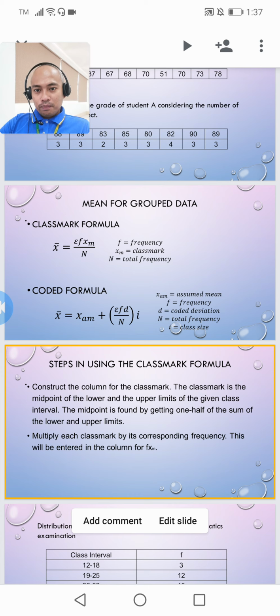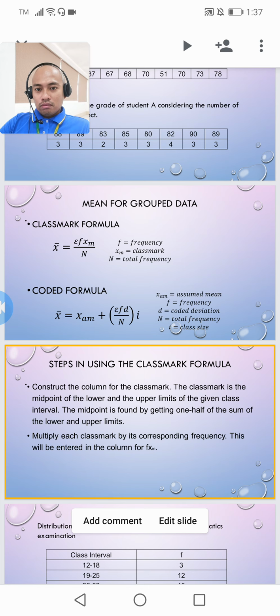It is given by x sub am plus summation of fd over N, multiplied by i, where x sub am is the assumed mean, f is still the frequency, and d is the coded deviation, which is the most important thing in this formula, kasi that's why they called it the coded deviation formula, since we are constructing deviations among the frequencies. N is still the total number of frequency, and the class size is a small letter i.